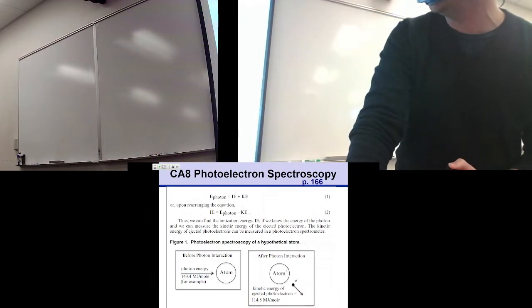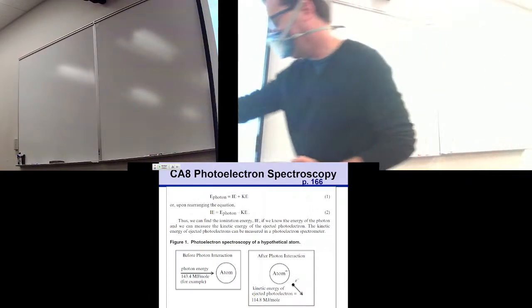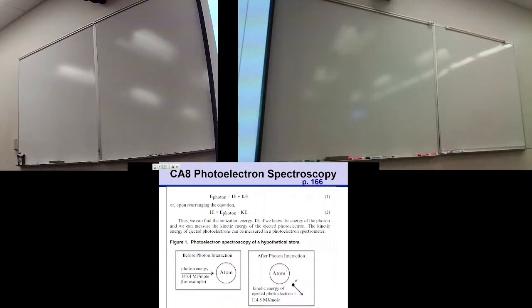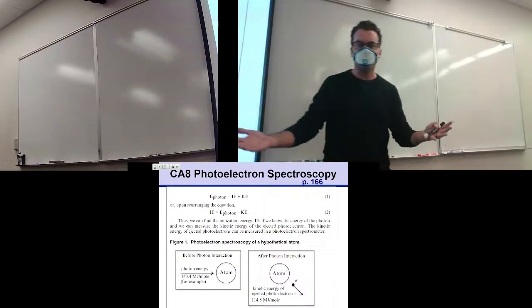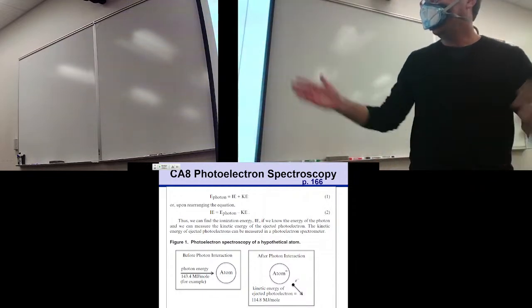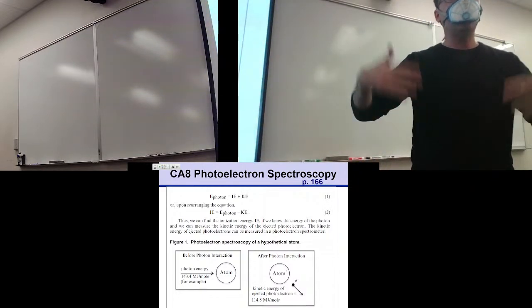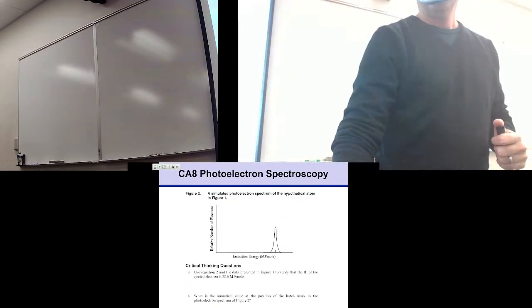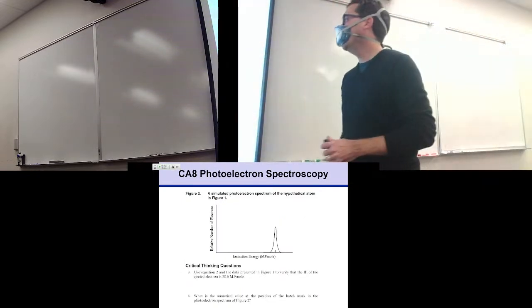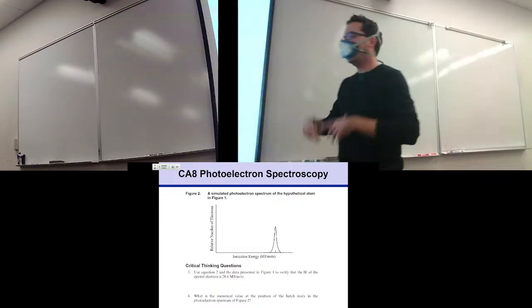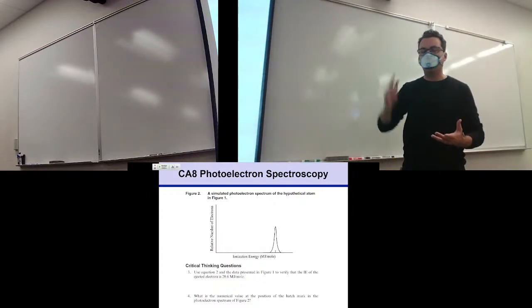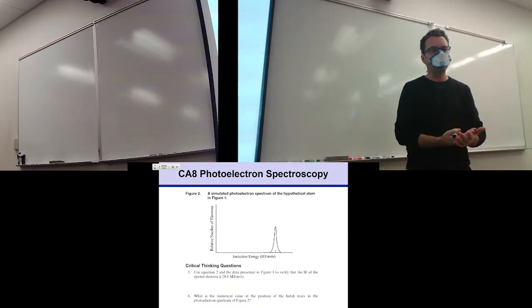This is the sample, hit the atom with this much photon energy. An electron comes off with a certain kinetic energy that's related to its speed. If you take the difference between the two, that's the ionization energy, and that's what's plotted here. Again, remember the height of this peak by itself doesn't tell us how many electrons.